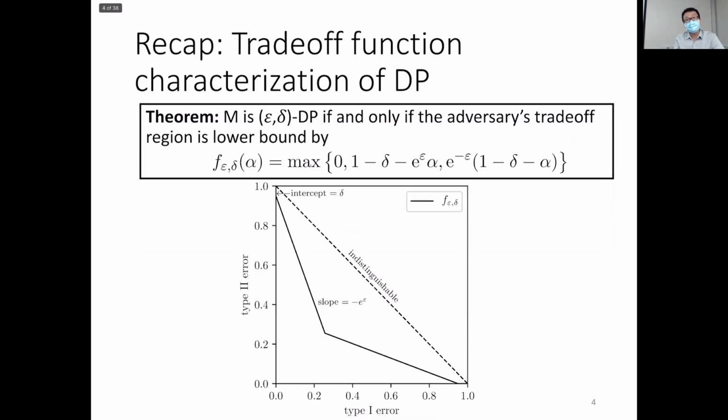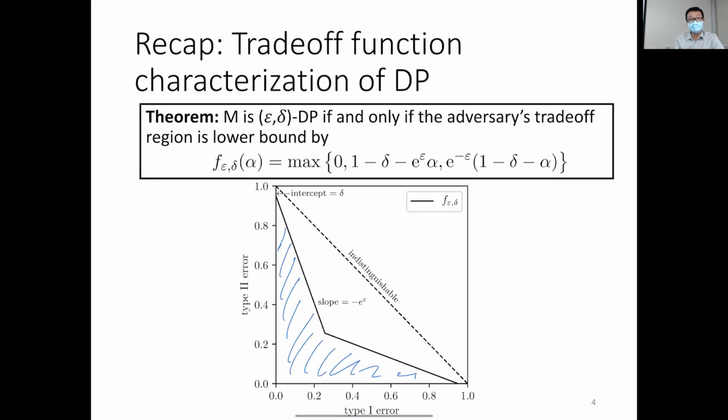The other equivalent definition for differential privacy is the so-called trade-off function based definition. A trade-off function is a trade-off between the type 1 error and type 2 error that an adversary, or attacker, faces when trying to infer whether any individual is in the data set or not. The trade-off function says that the type 1 error and type 2 error cannot be small at the same time; in other words, this region is impossible for the adversary to achieve.